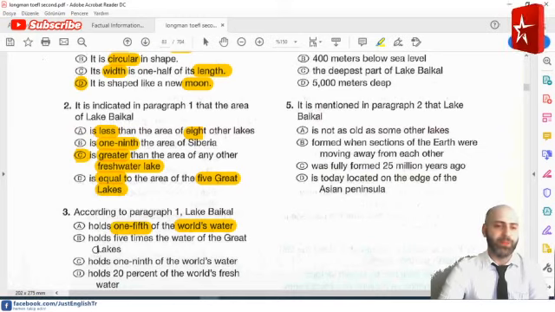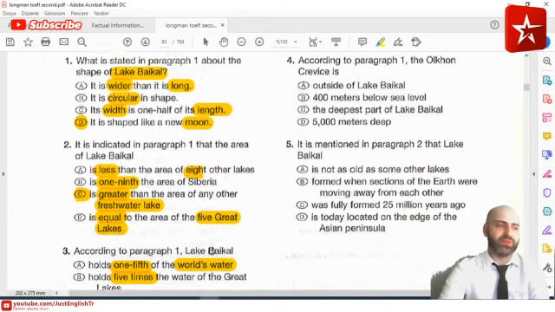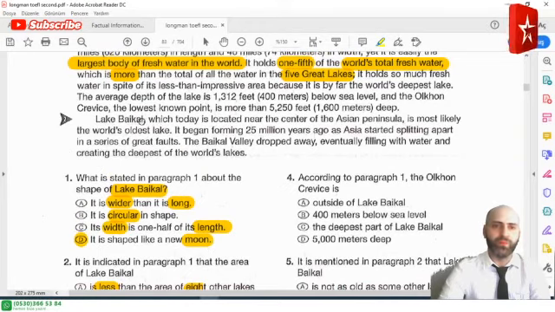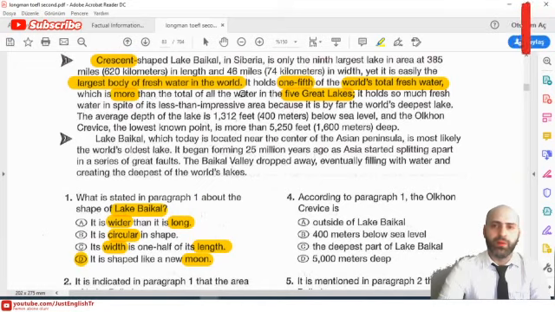Now let's see B. Holds 5 times the water of Great Lakes. Let's check this information. Which is more than total of all the water in the 5 Great Lakes. We don't have any information that it's 5 times more.